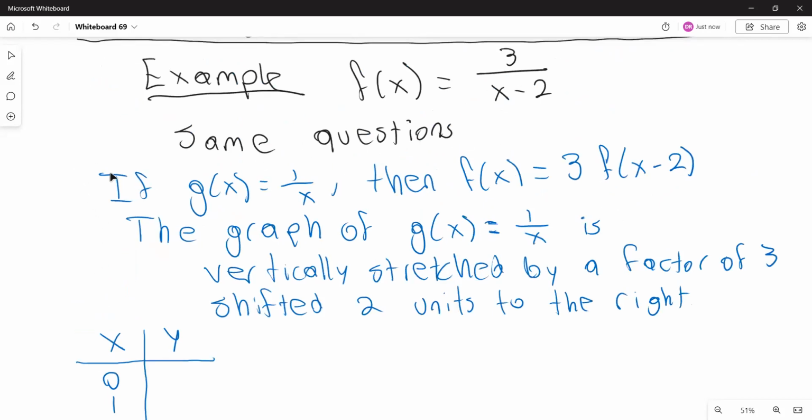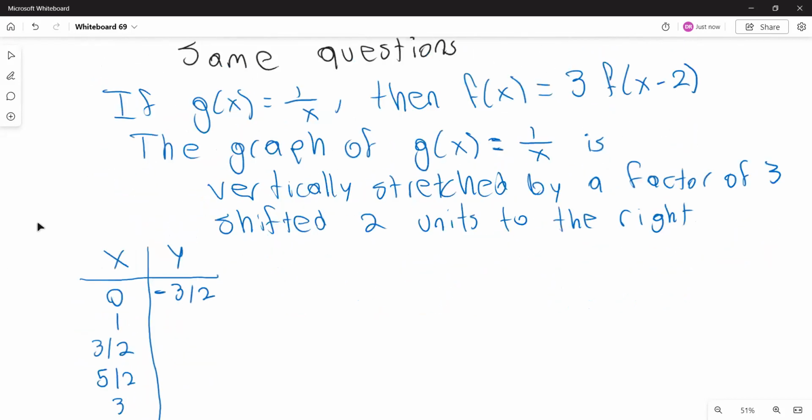So we have what? 3 over 0 minus 2 is going to be -3/2. 3 over 1 minus 2 is going to be -3.